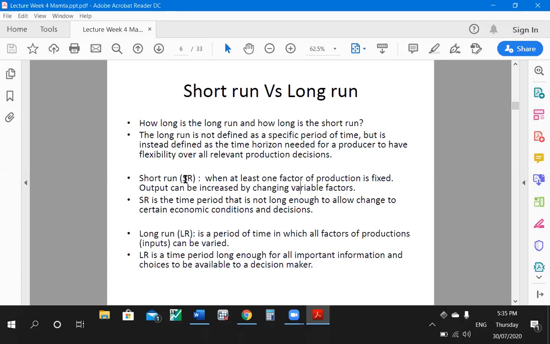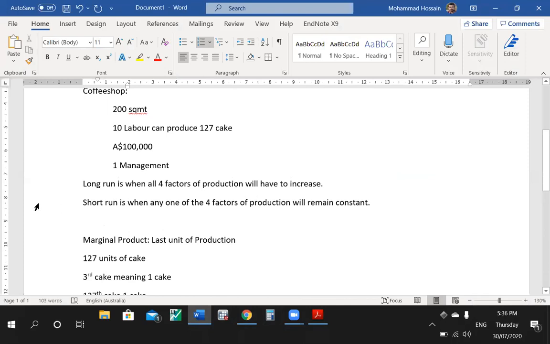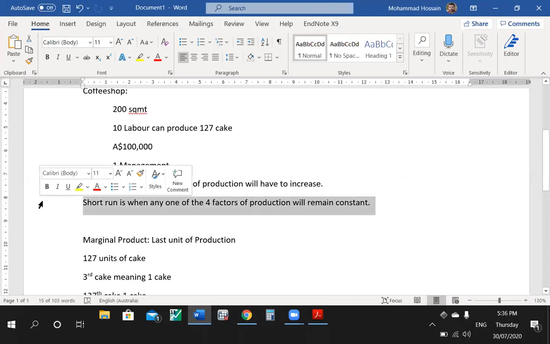So what is short run then? When at least one factor of production is fixed. I always use my own words to explain in an easier way. Short run is when any one of the four factors of production remains constant, unchanged, the same.